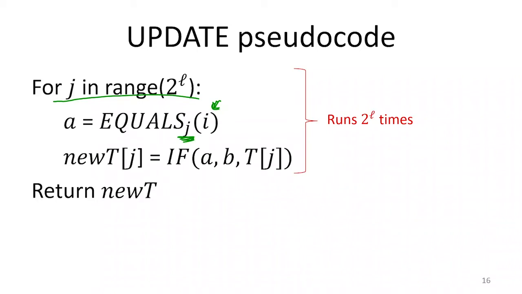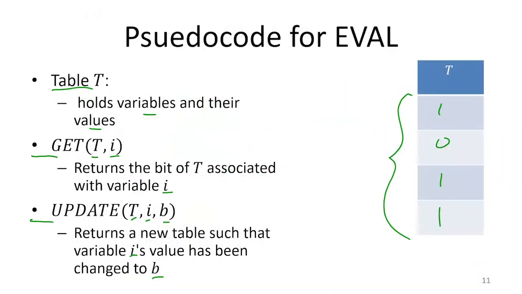So A indicates whether or not we're looking at the right row. If we're looking at the right row, then we're going to return the value B. Otherwise, we're going to return the same thing that was originally in our table. B was the input to update that told us what the bit was we were going to change things to.